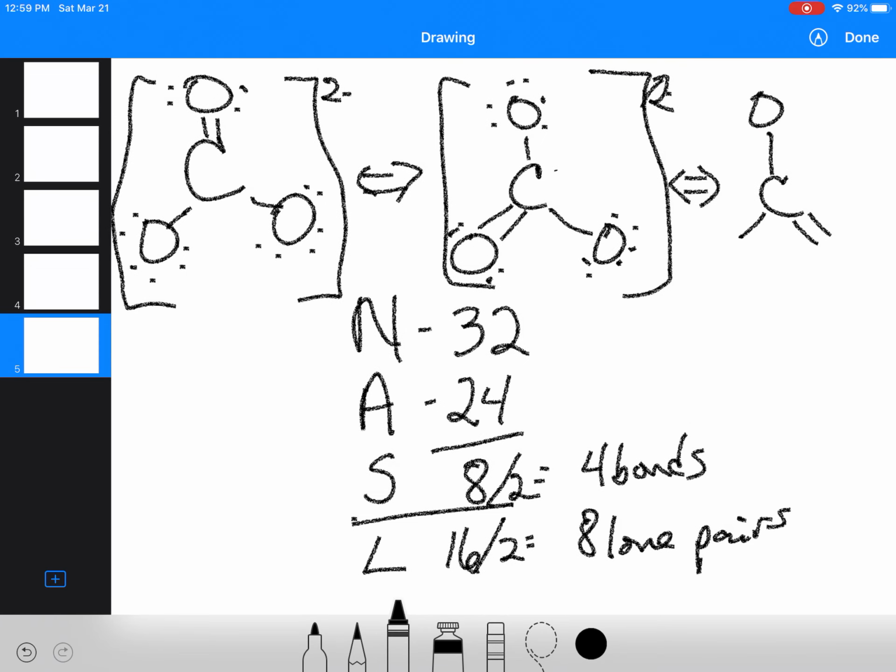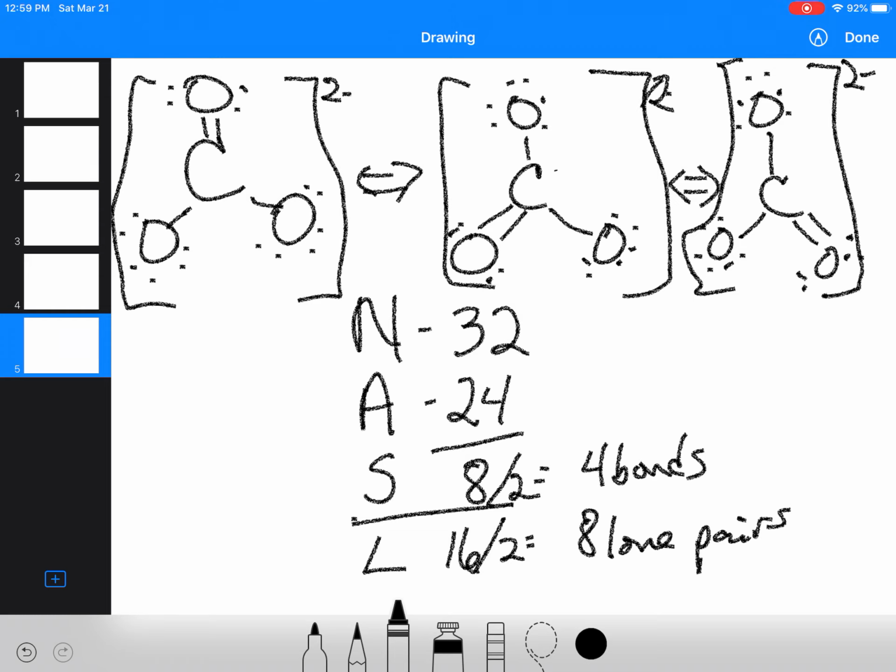So this is my 3rd final structure. That's a single. He gets 3 lone pairs. This single gets 3 lone pairs. That guy only gets 2. Once again, pretend that is a square bracket, and there's the 2 minus.